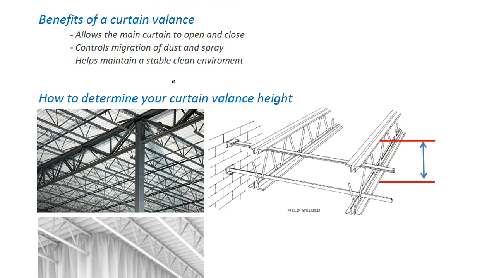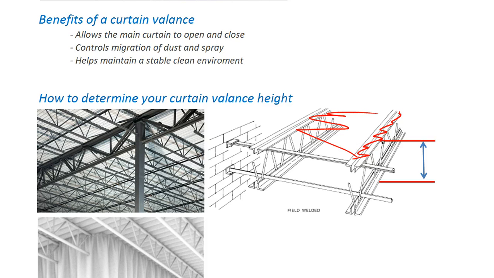And as far as determining the curtain valance height, a pretty typical installation would include a facility or a factory where you have purlins and joists, kind of like you see, which is indicative of this picture here. And you want to have the valance come down from the roof deck, which the roof deck would be right here above this structure.